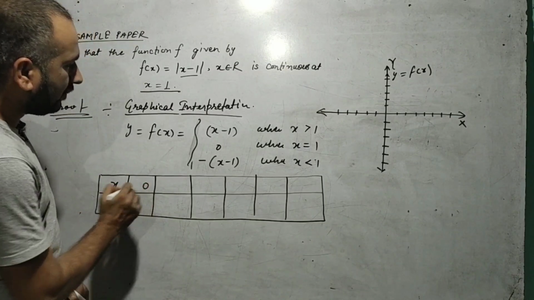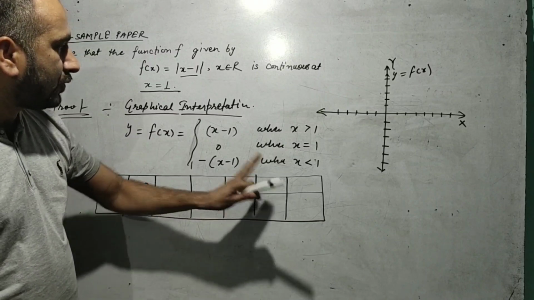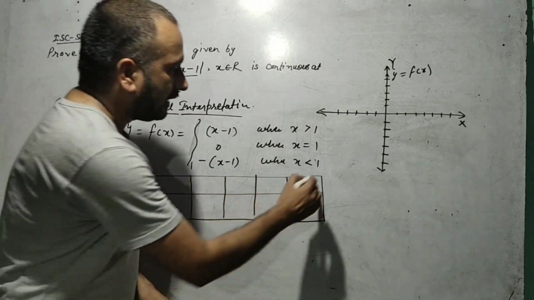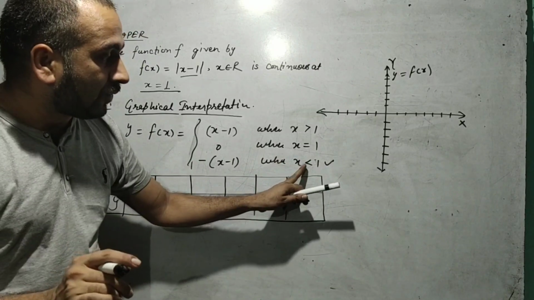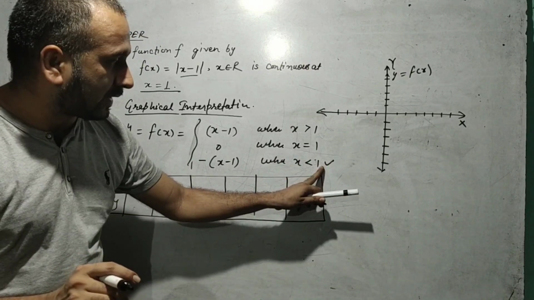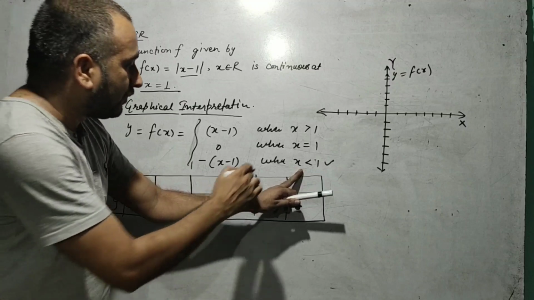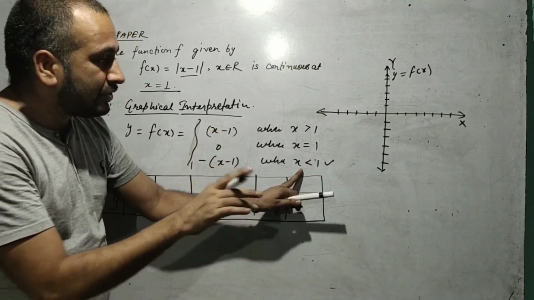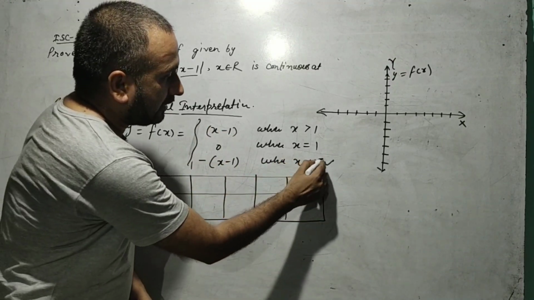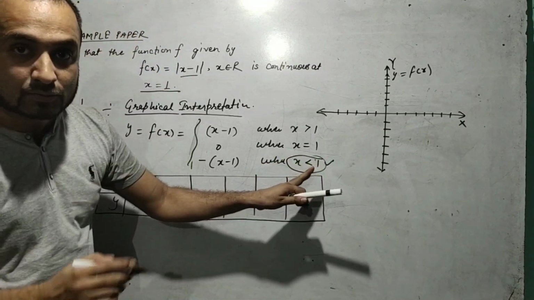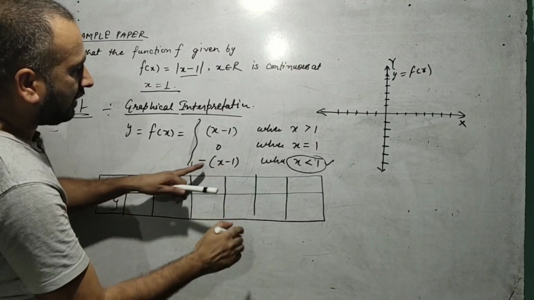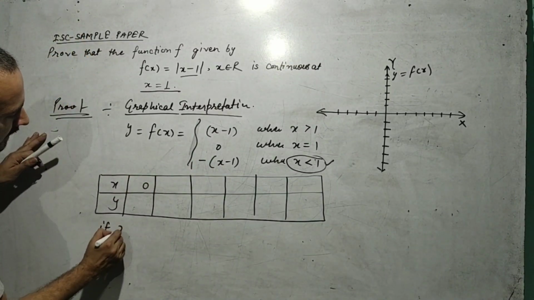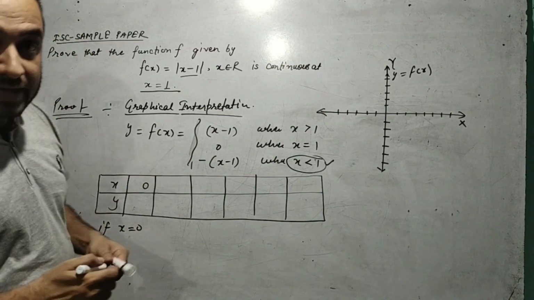If x is 0, students listen very carefully, because 0 is what? Here x is less than 1, okay. So if you are taking x is 0, then x is less than 1, so your 0 is also less than 1, so the function is what?